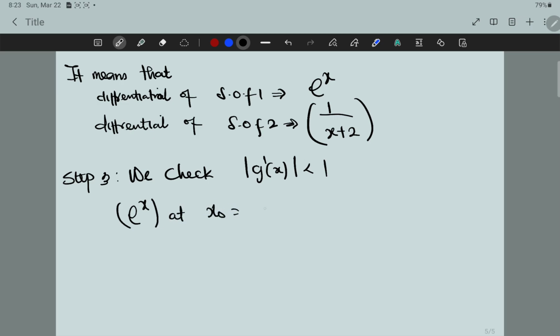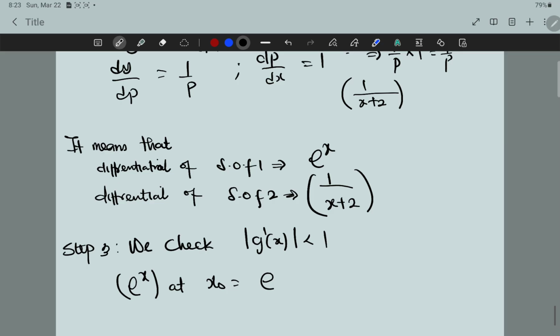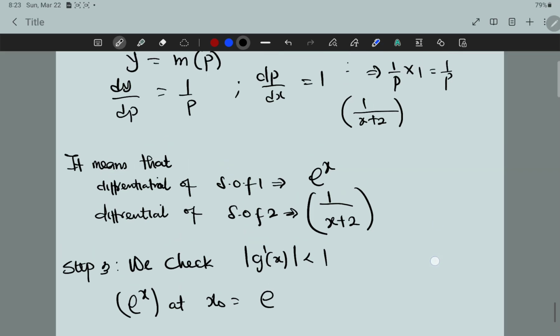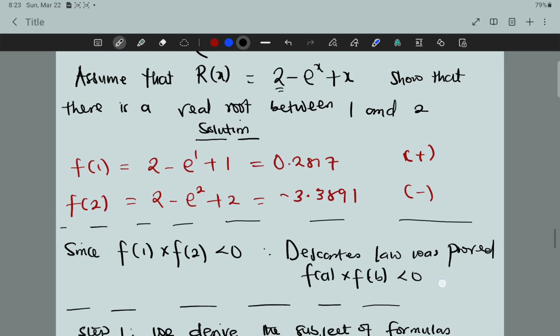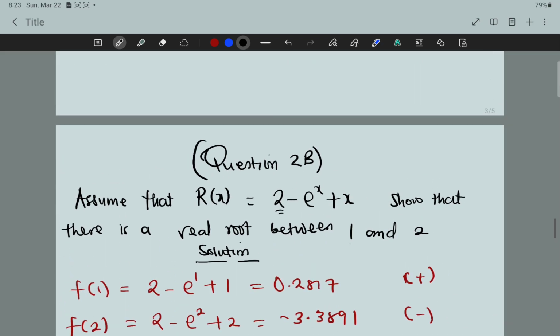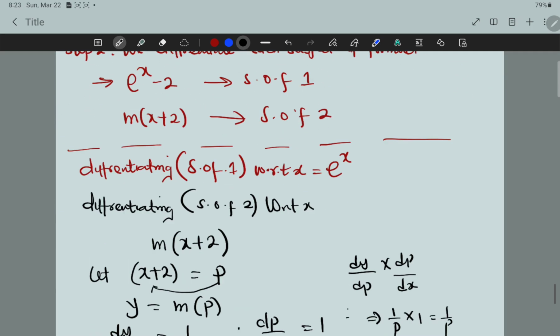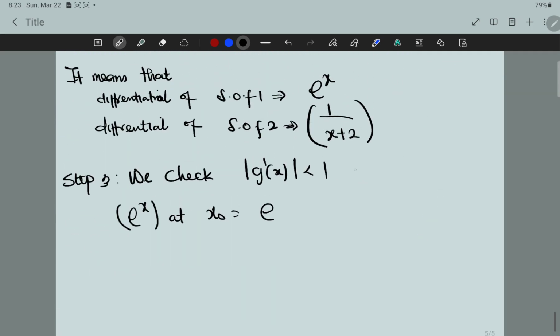What's the x naught you want to use? Since the question says the interval of operation exists between 1 and 2, I'm choosing x naught to be 1.5. The middle of 1 and 2 is 1.5.